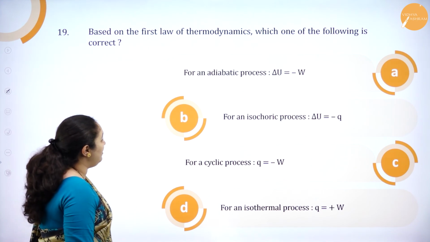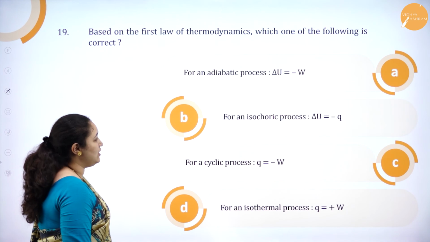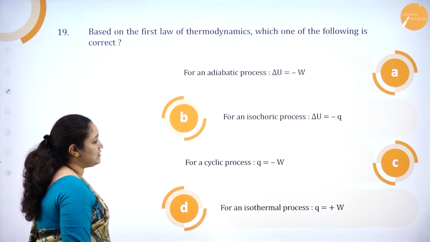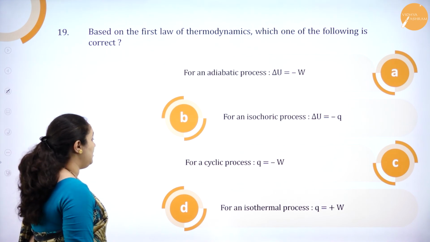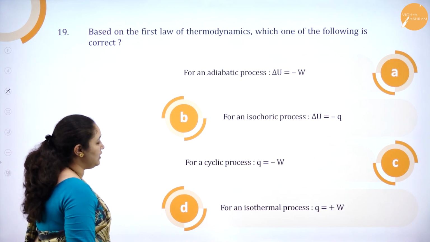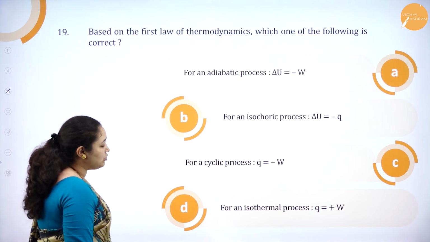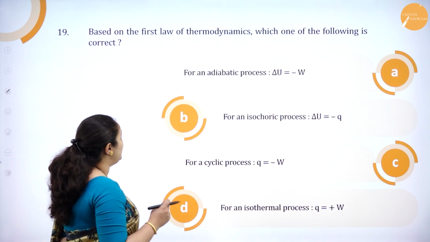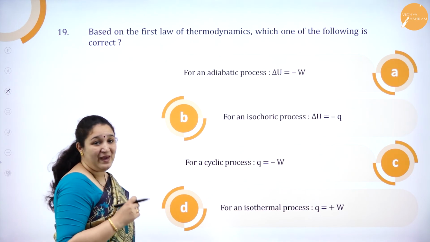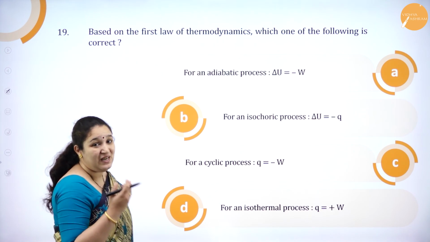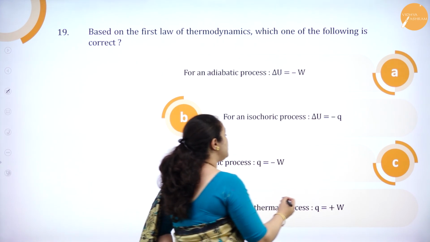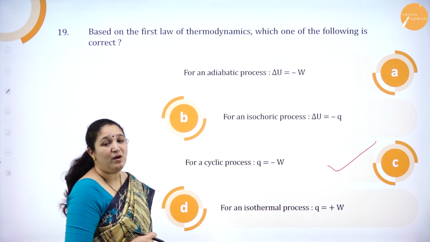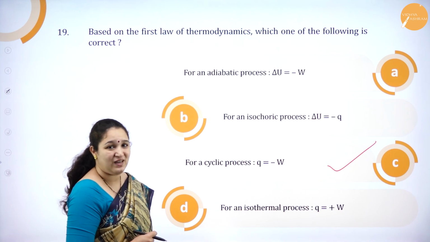A, for an adiabatic process, delta U is equal to minus W. B, for an isochoric process, delta U is equal to minus Q. Option C, for a cyclic process, Q is equal to minus W. D, for an isothermal process, Q is equal to plus W. It is a fact which you need to know. Option C is correct. That is, for a cyclic process, Q is equal to minus W.